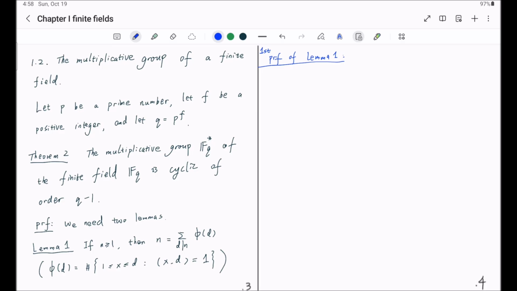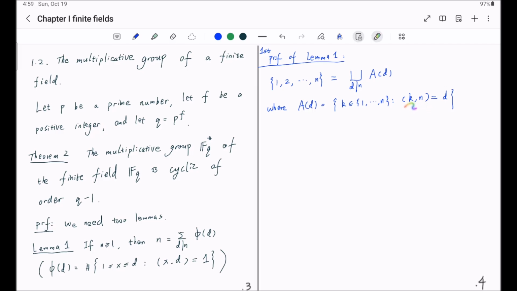Let us consider the following decomposition of the set of integers from 1 through n. We decompose this as a disjoint union of A_d for all divisors d of n, where each set A_d is the set of integers k from 1 through n such that k and n have GCD equal to d.